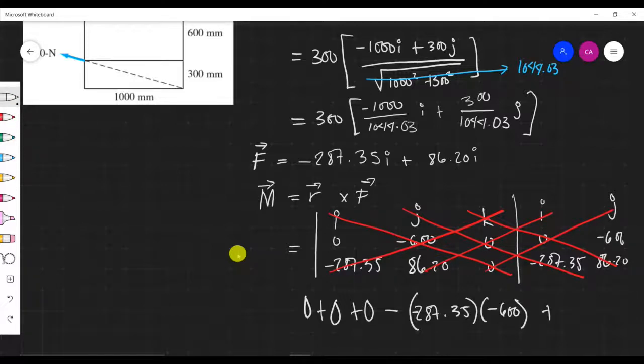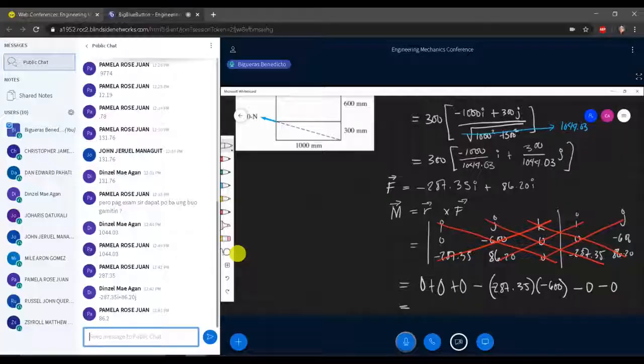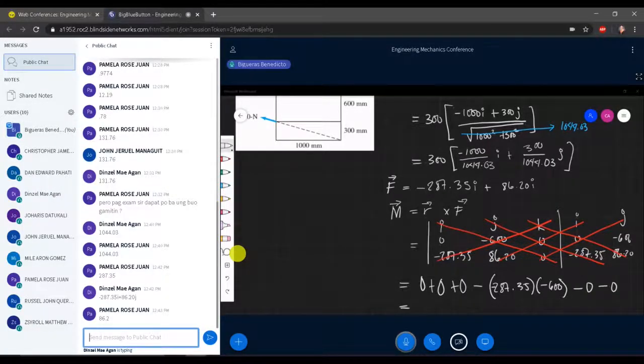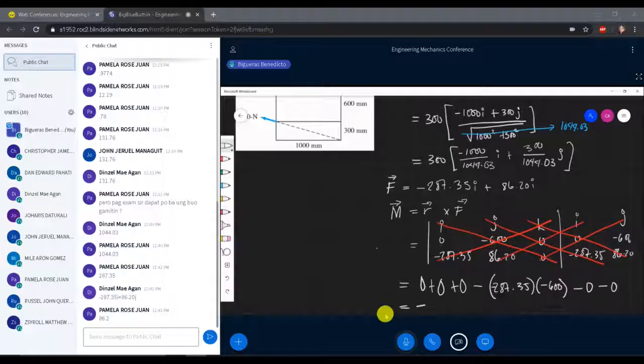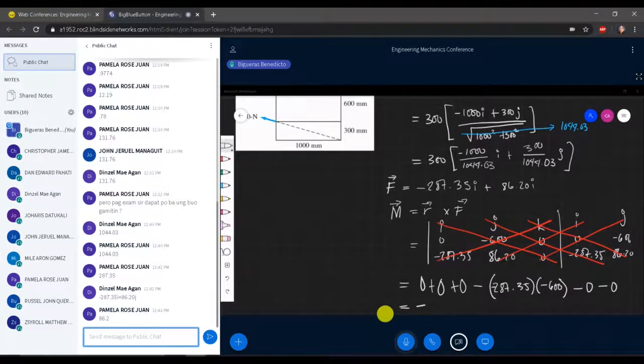So, minus pala. Minus 0, minus 0. Okay? So, what would be the answer? So, negative 287.35 times negative 600 times negative. So, negative pa din. Diba? Sure ako dyan, negative yan. Kasi negative times negative, positive, and negative, kaya negative lalabas. So, lumalabas na parang million yata yan.